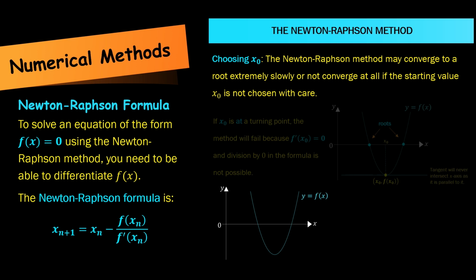Let's now consider another scenario. We have the same graph and the same roots, but this time we take x0 at a point that is a little bit away from the turning point.